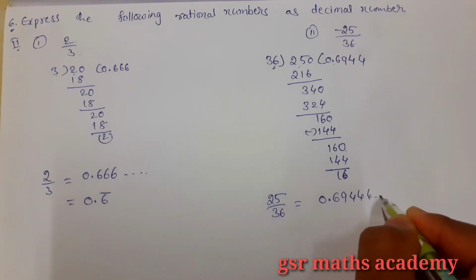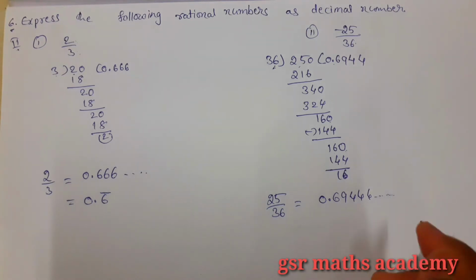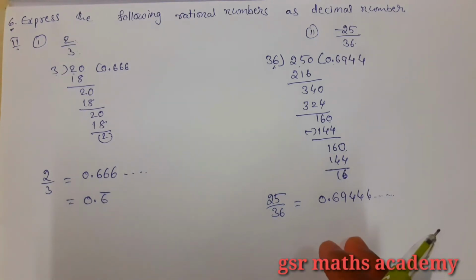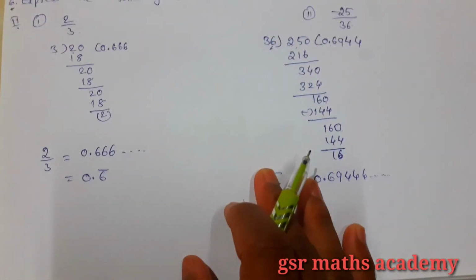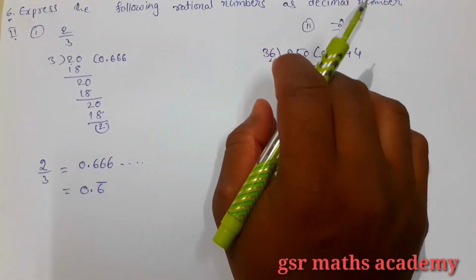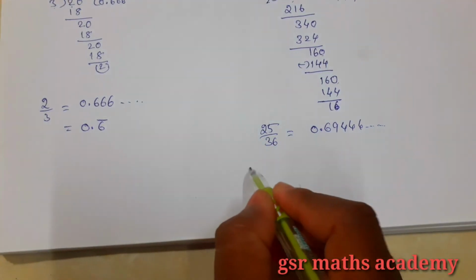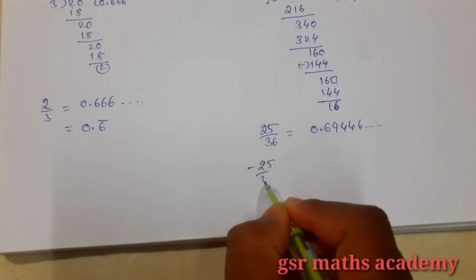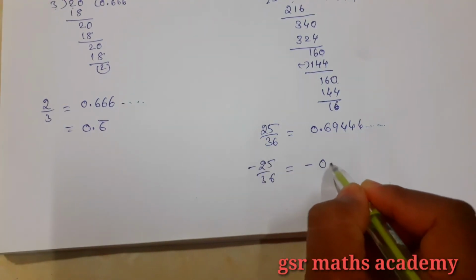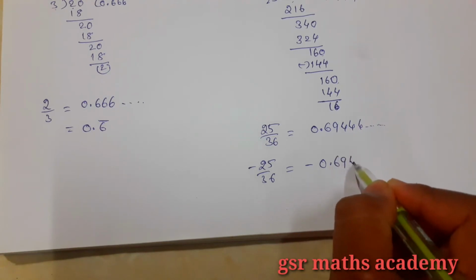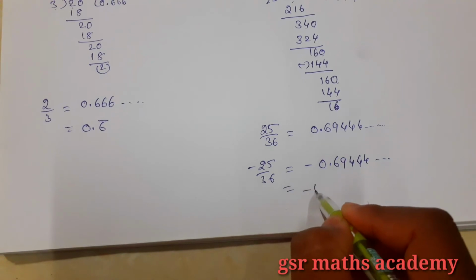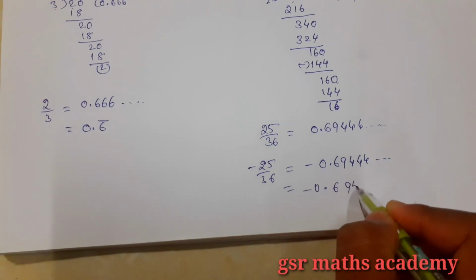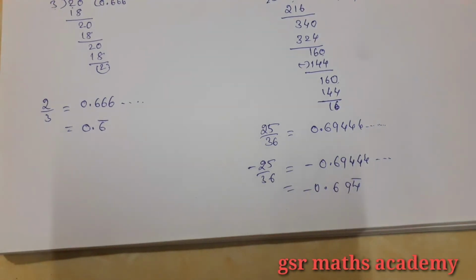This 4 repeats endless times. Now we have to convert minus 25 by 36 into decimal form. Minus 25 by 36 is equal to minus 0.6944 and so on. From this we can write it as minus 0.69 bar, with the bar over the 4.